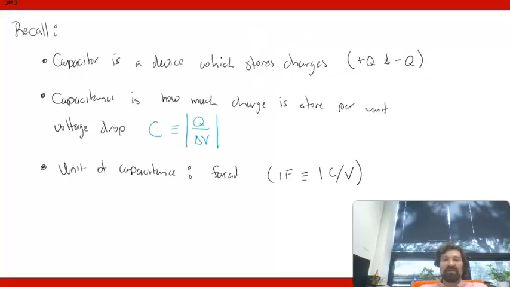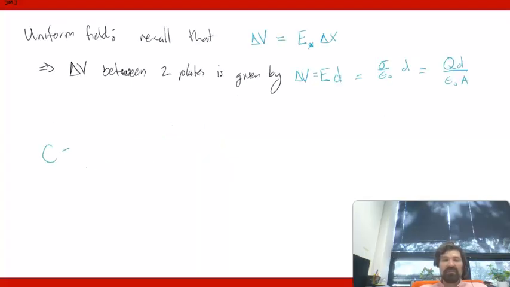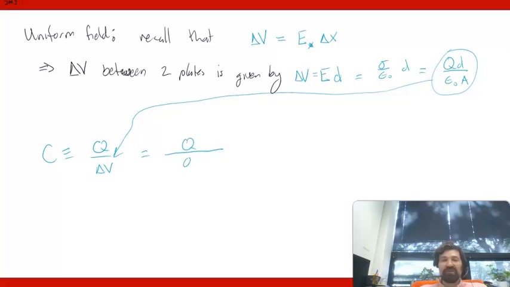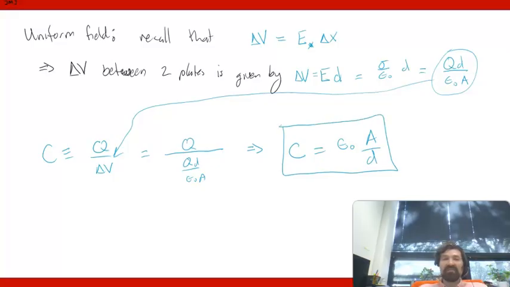Now we come back to our definition of C being Q over delta V. We plug this in for our delta V, and what we have is Q divided by Qd over epsilon naught A, which gives us a capacitance for the parallel plates of epsilon naught A over d, where again epsilon naught is the permittivity of free space.